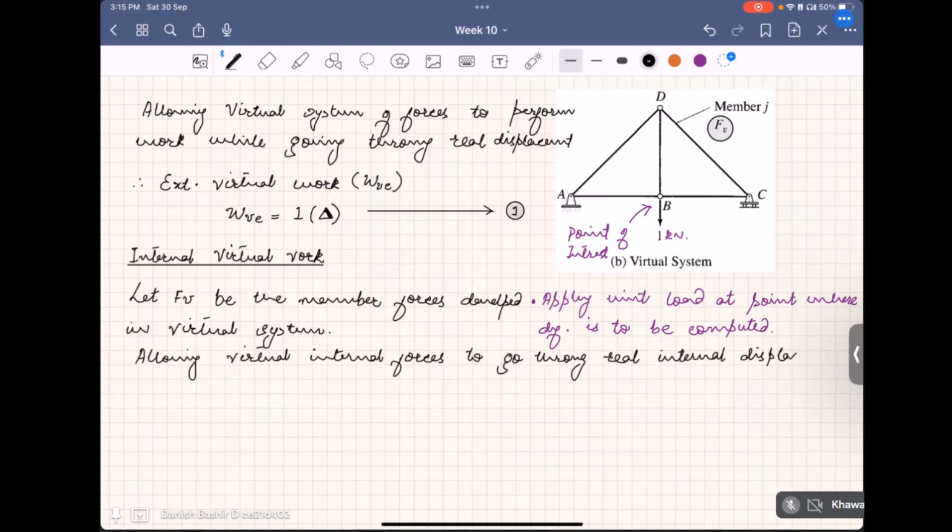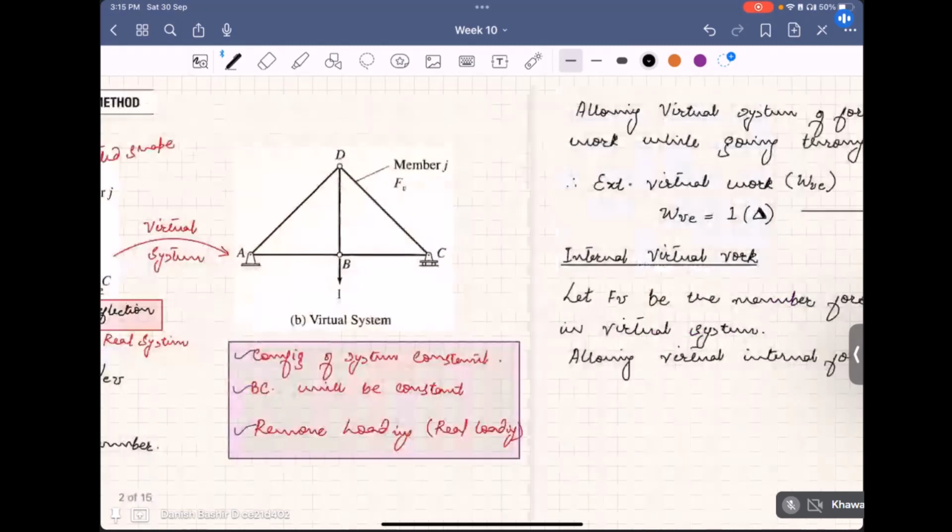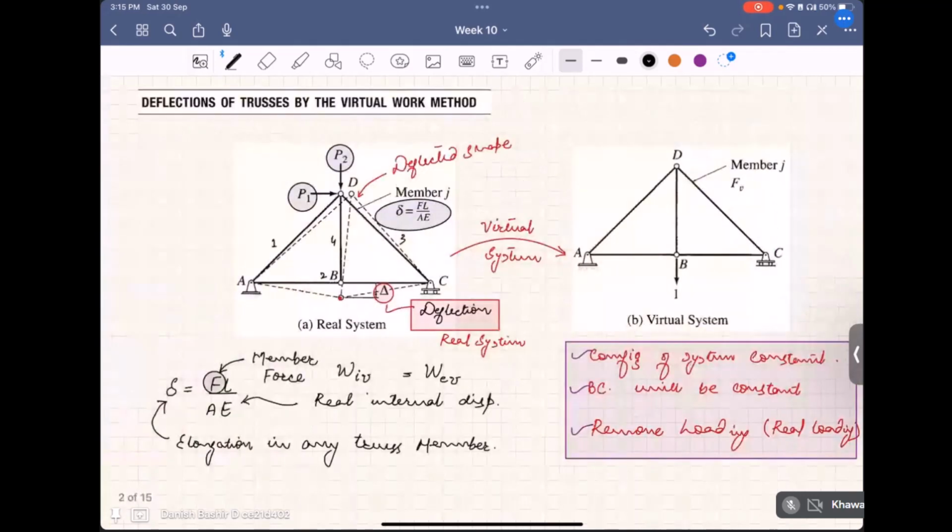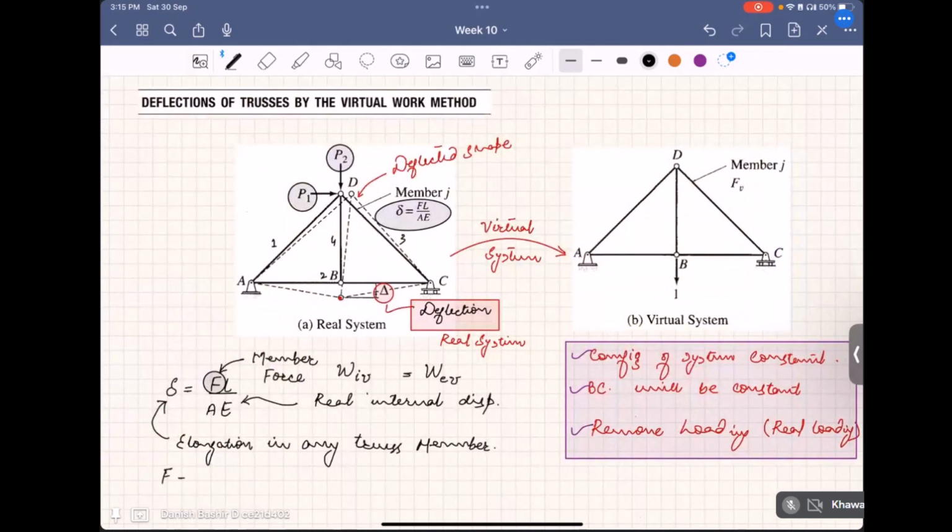So delta here is the real internal displacement in, for example, member J. We took member J under consideration, one member. So its real deflection will be denoted as FL by AE, where F is the member force in the real system.